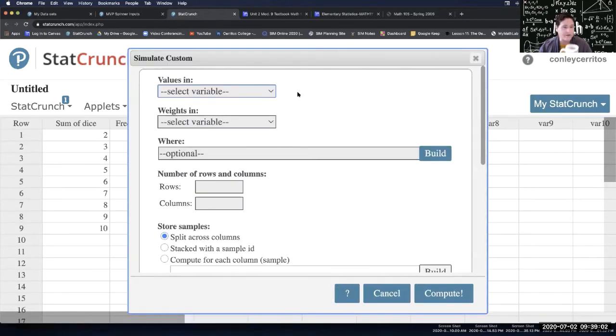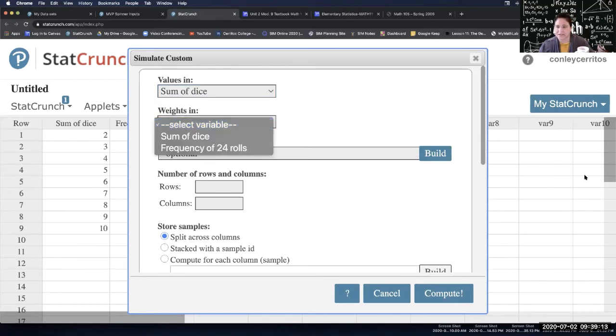All right, unmute everybody. What are my values going to be? What do I select for my values? Sum of dice. And my weights? Frequency. Frequency is my weights.